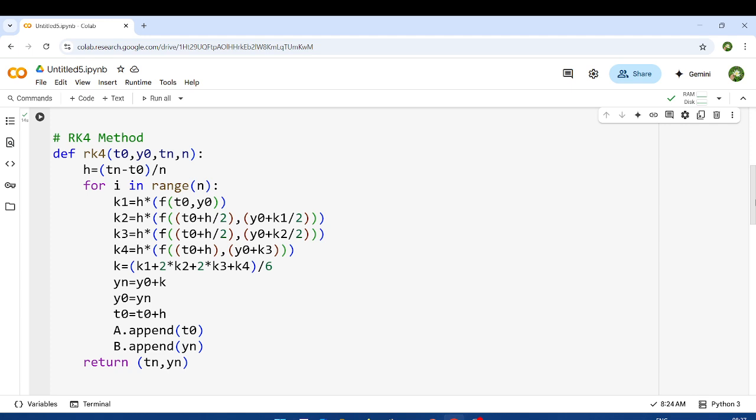Here I have taken the function name as RK4, and t0, y0, tn, n are the arguments.